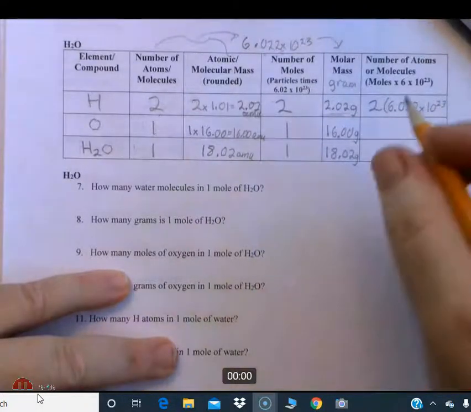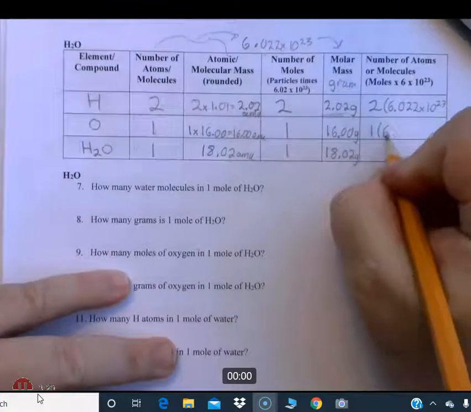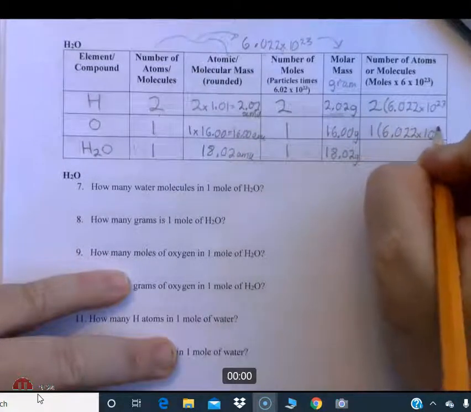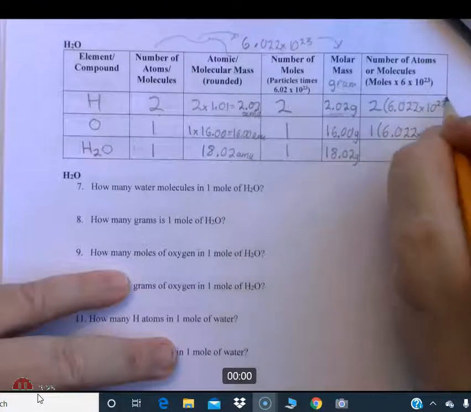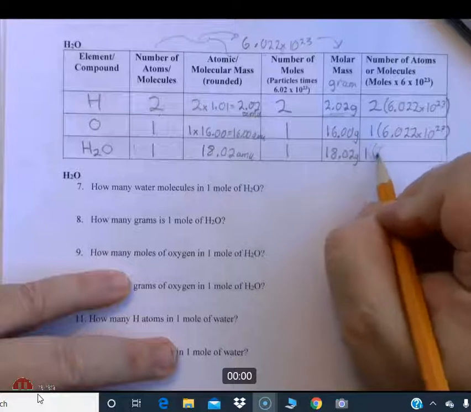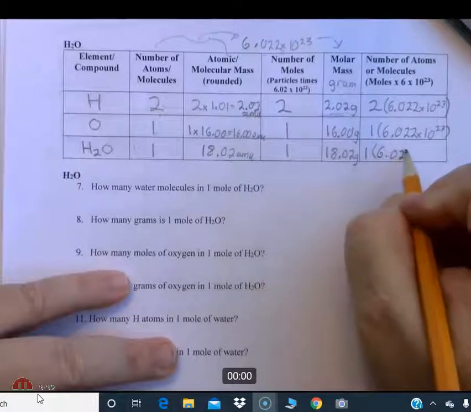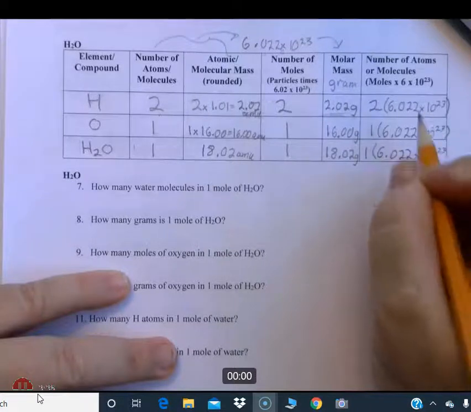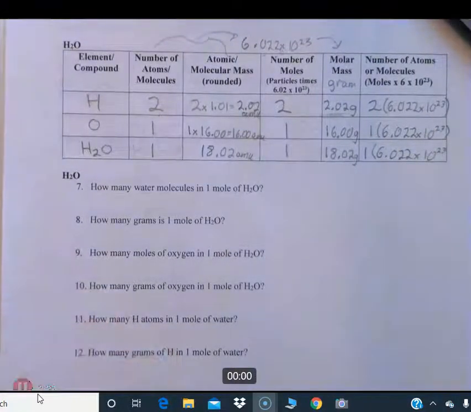For here it's 1 mole, so it's 1 times 6.022 times 10 to the 23rd. And finally, this is also 1 mole, so it's 1 times 6.022 times 10 to the 23rd. So that's how many atoms or molecules you'll have of each of these compounds.